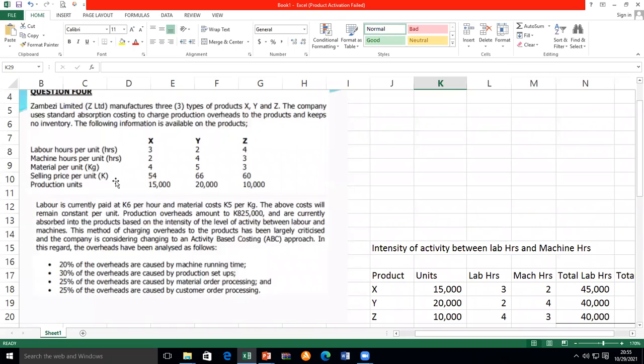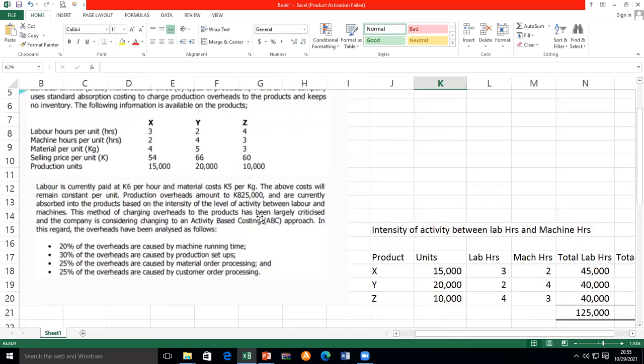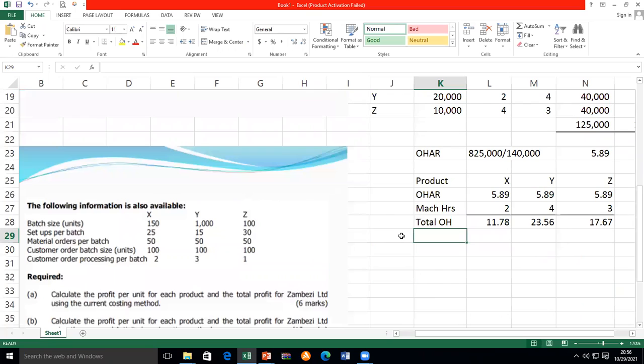We start with materials: 4, 5, and 3, multiplied by 5. So 4 multiplied by 5, 5 multiplied by 5, 3 multiplied by 5. So give me direct material.